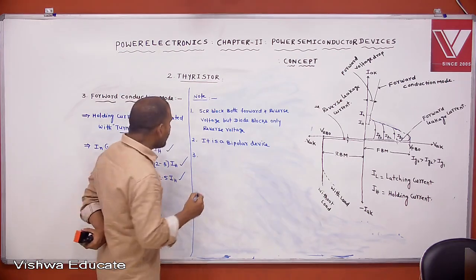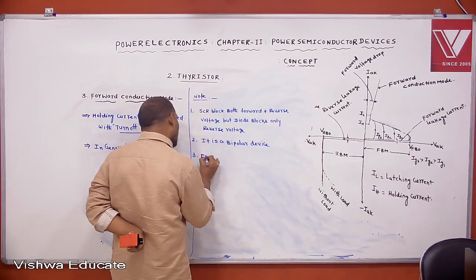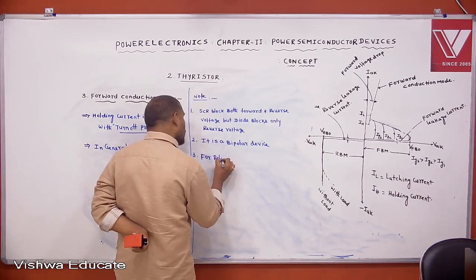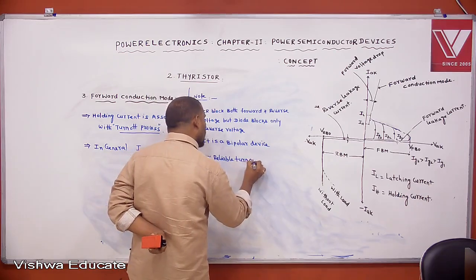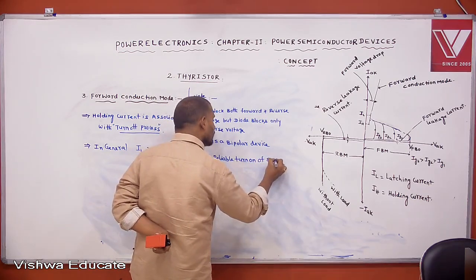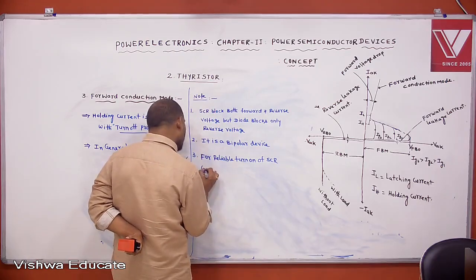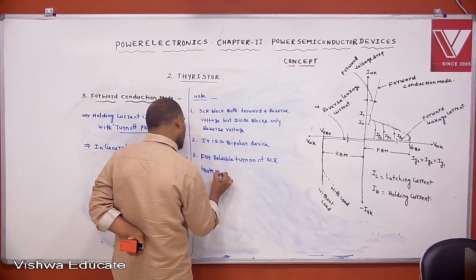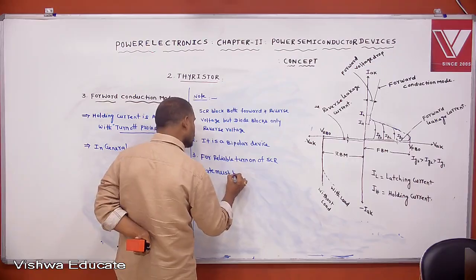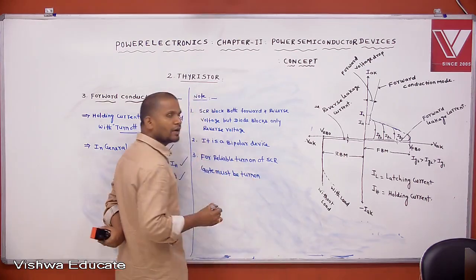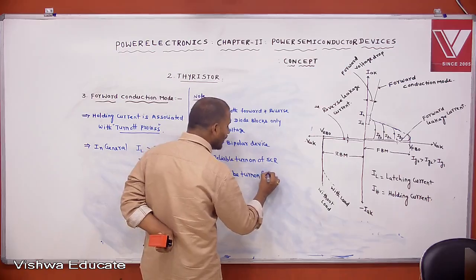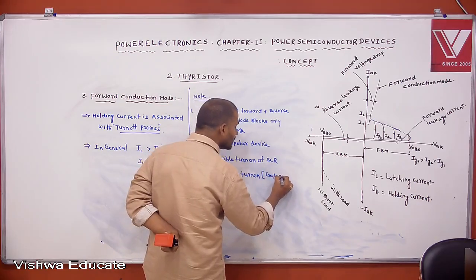That is, for reliable turn on of SCR, the gate must be on. Gate turn on is nothing but the gate pulse width.